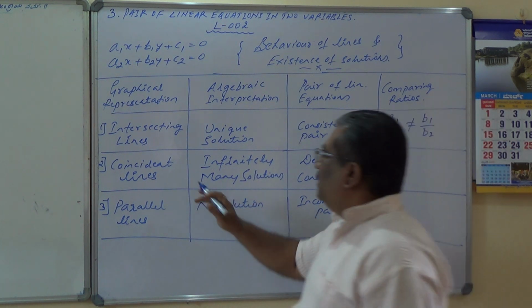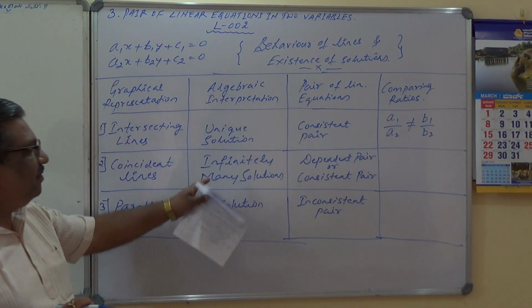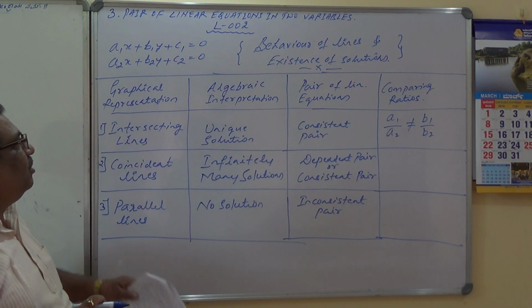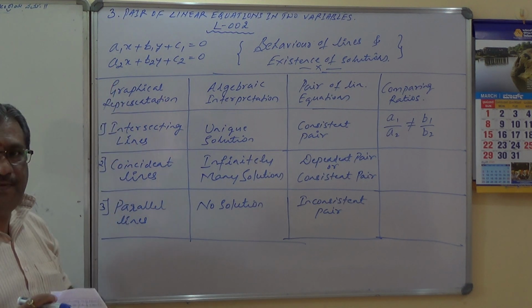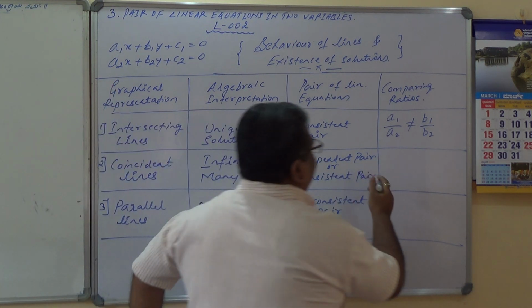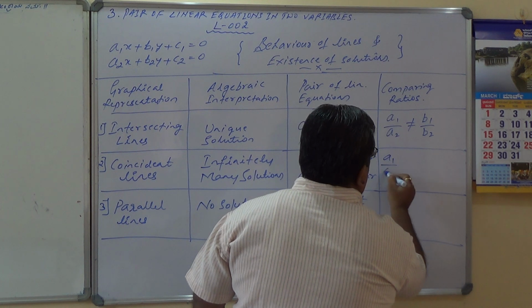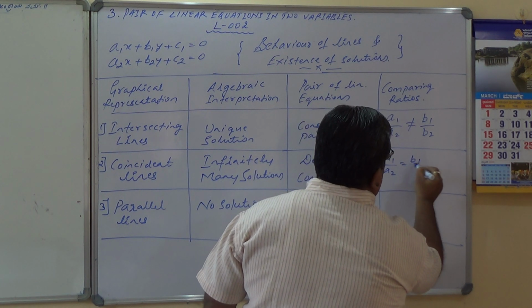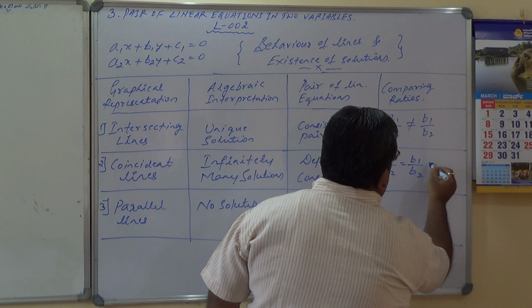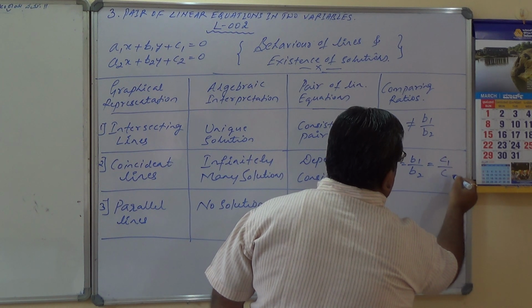Similarly, for coincident lines, for infinitely many solutions, what would be the ratio of coefficients of linear equations? For this case here, it is a1 by a2 equals b1 by b2 equals c1 by c2.